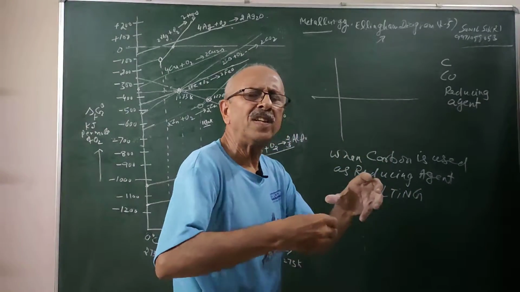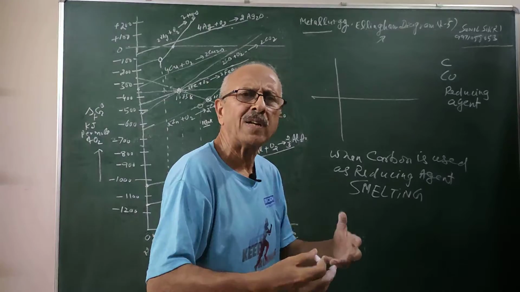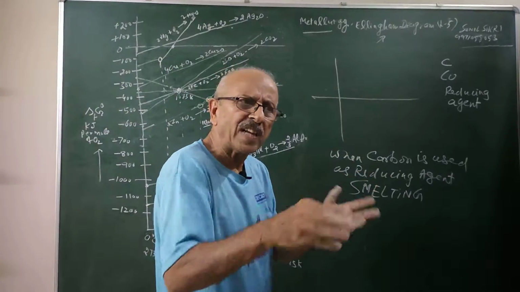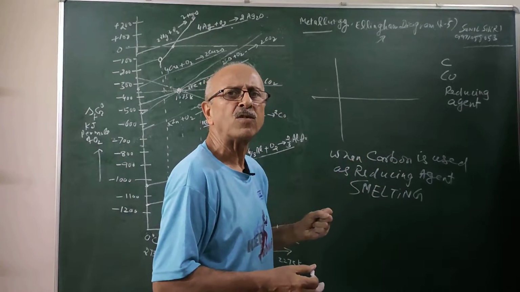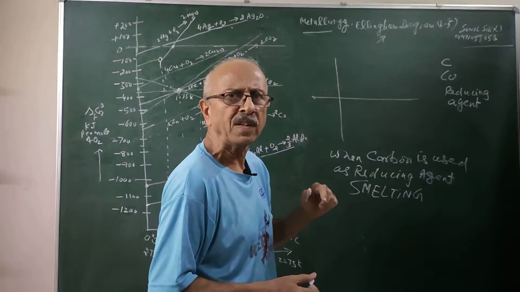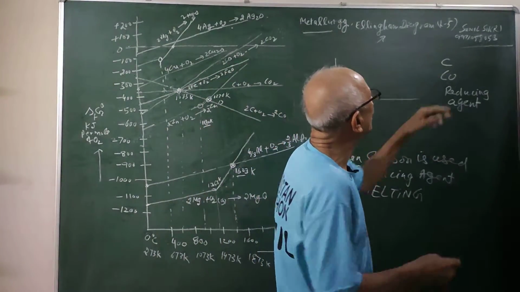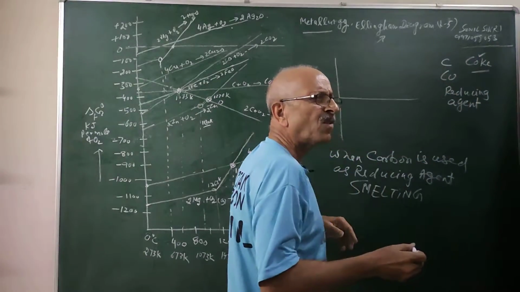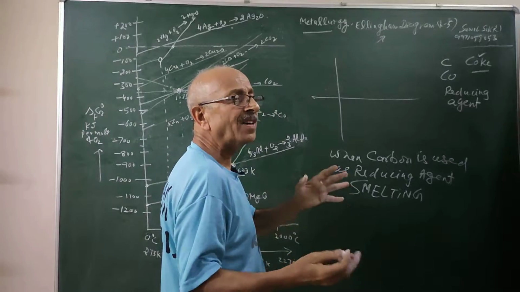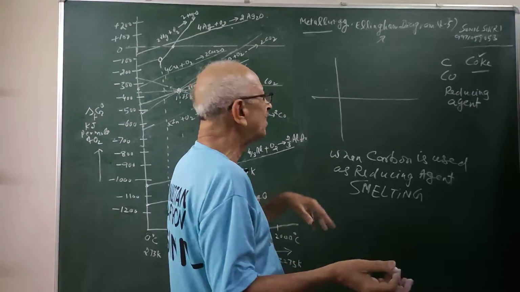Because carbon can easily snatch oxygen and form carbon monoxide or carbon dioxide. And this is a gas, so the reaction is very fast and spontaneous. It will immediately snatch oxygen from the oxides of the metals. Also, a lot of this coke is available in large amounts. It costs less, so we can use it. But what temperatures will be required for which metal, we will see that.